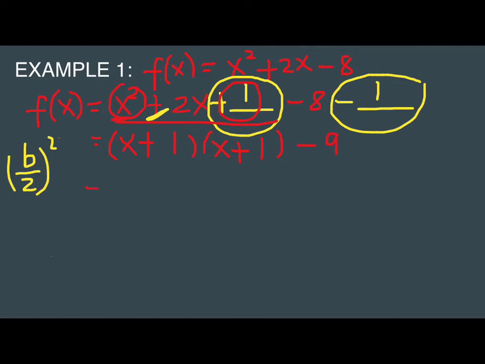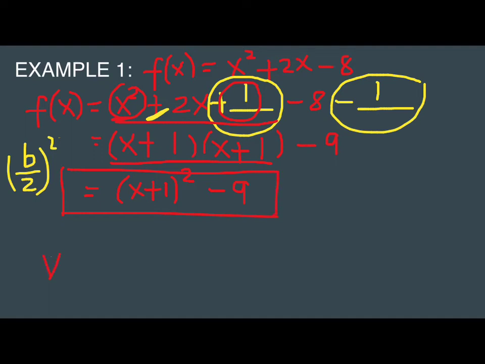So we can rewrite this into a square of a binomial because x plus 1 comes out as a factor 2 times. So we can write this as x plus 1 quantity squared, and copy minus 9. Take note that this is now in the form f of x equals x minus h quantity squared plus k. From this, we can get the vertex of our function.